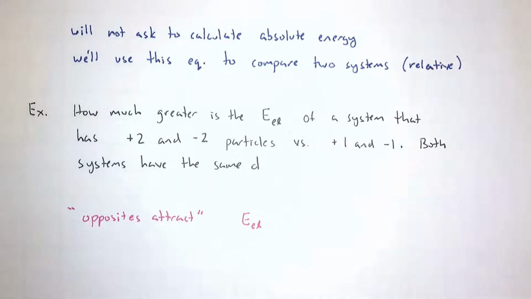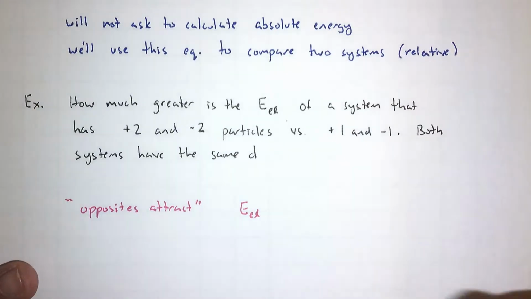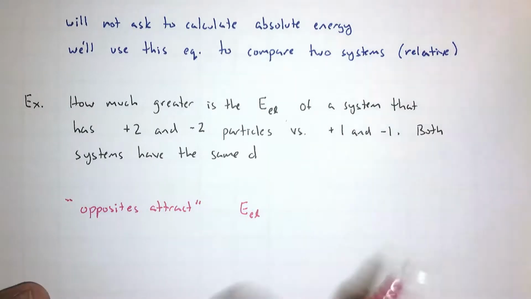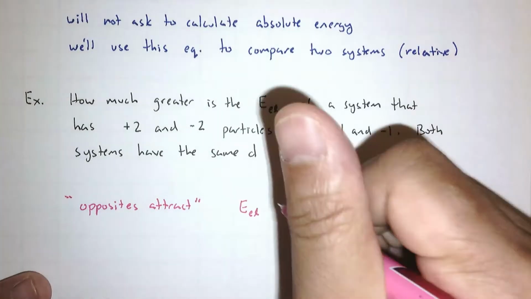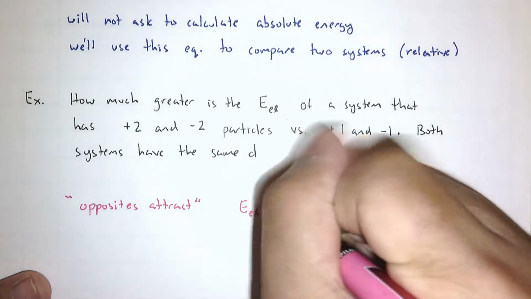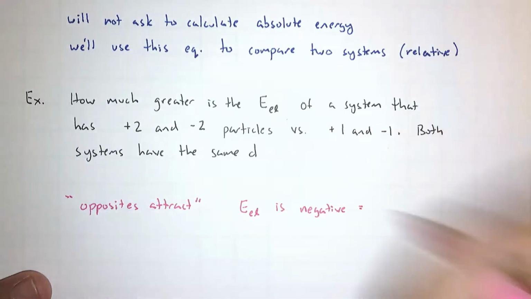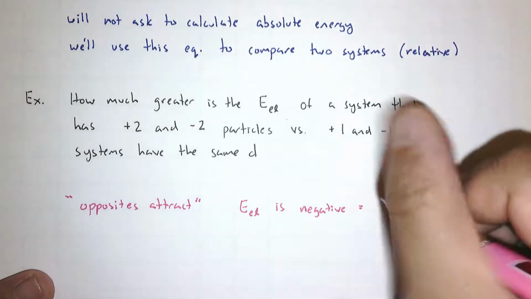Besides knowing the units for an equation, it's also good to understand the magnitude of the type of answers you'll calculate, but also the sign. Signs are going to be very important because in this case, electrostatic potential energy is negative. And what does that mean in layman's terms? Negative electrostatic potential energy means that it's an attractive force.